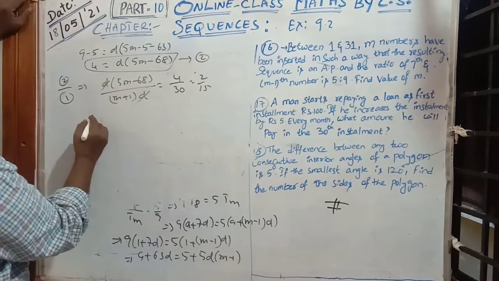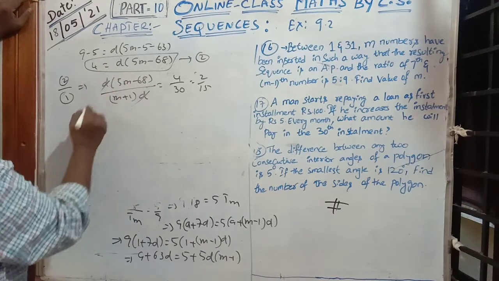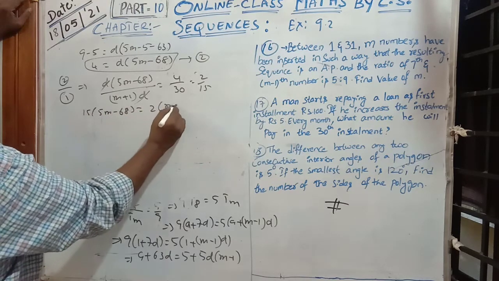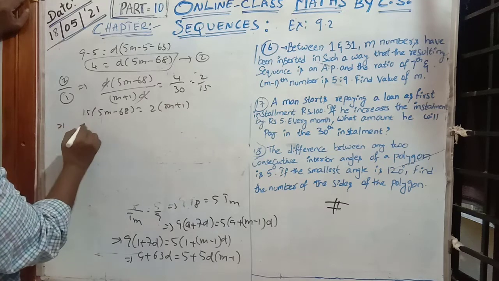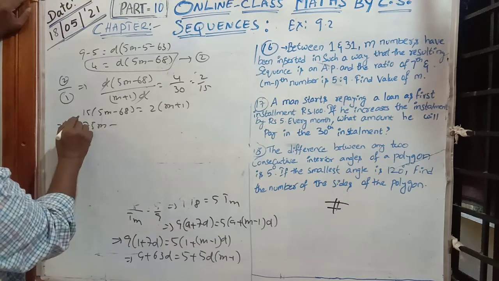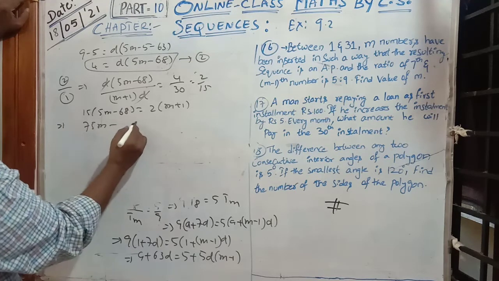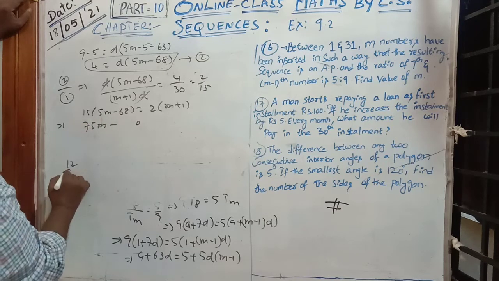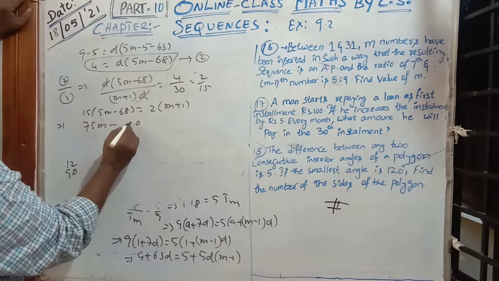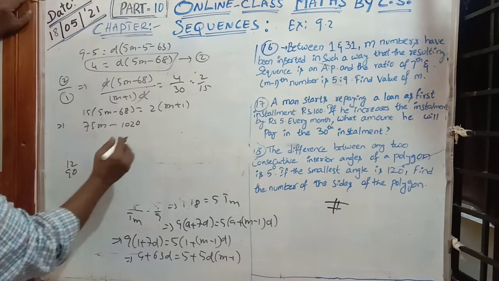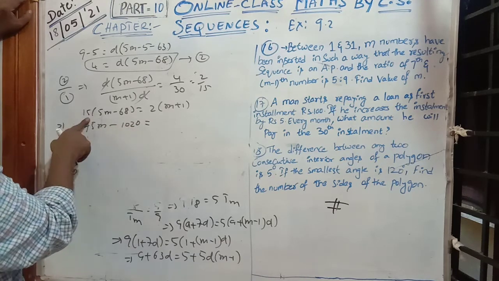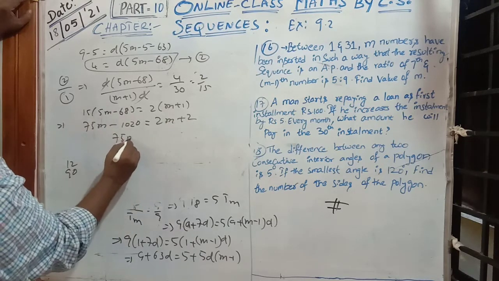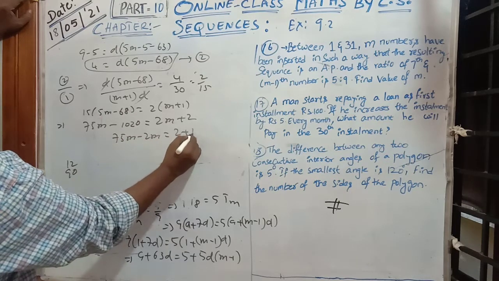Okay, now it is 15 into (5m minus 68) is equal to 2 into (m plus 1). d cancels. It is 75m minus 1020 is equal to 2m plus 2. 75m minus 2m is equal to 2 plus 1020.